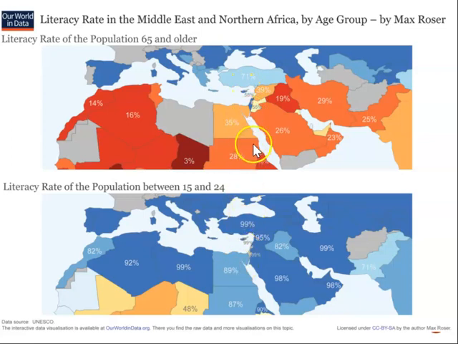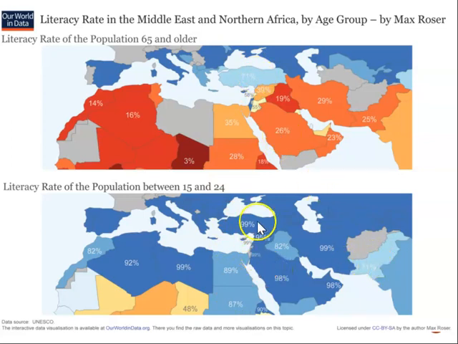And, of course, comparing the difference between, say, 15 to 24-year-olds today in this part of the world to those who are 65 and older. So notice the increase, and you see it by the colors, is sort of darker blue. I think they're up into the 90 percentile. The lighter blue is in the 80 percentile, and an even lighter blue in the 70s.